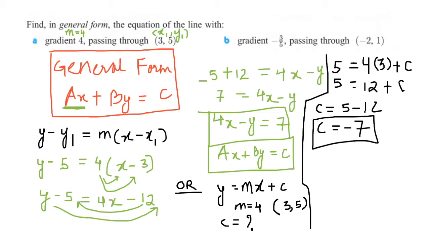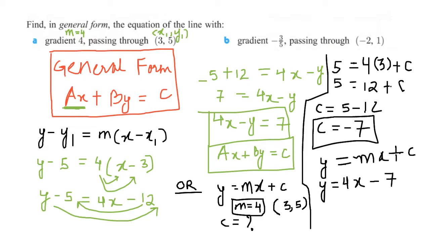Now we have m and we have c. We can use the slope intercept form, y is equal to mx plus c, and substitute the values of m and c, leaving x and y as they are because the equation needs to have these two variables. So y is equal to 4x minus 7.